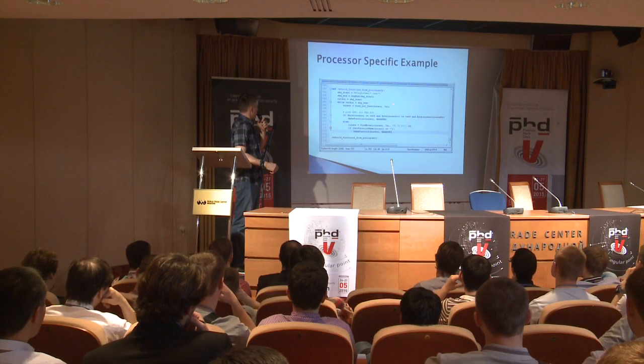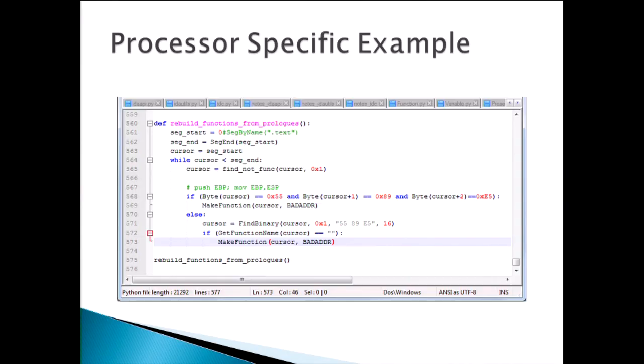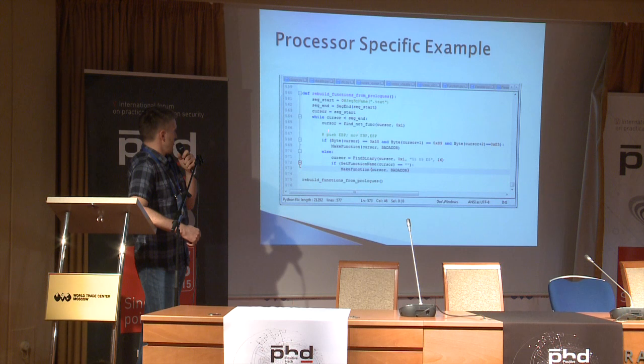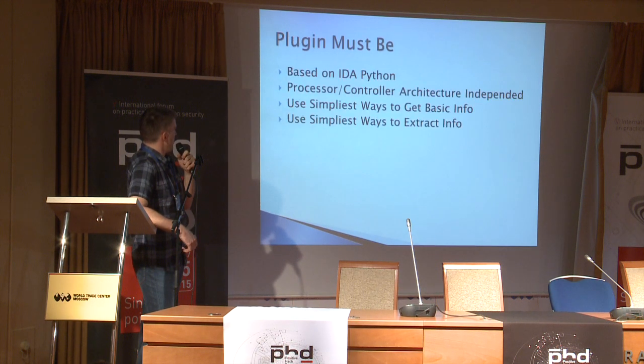Example: we have a function on the internet, a function from prologues. It tries to find those functions that IDE didn't find. It just takes, for Intel architecture, the bytes which represent two particular commands. It's not going to work on anything else but Intel.